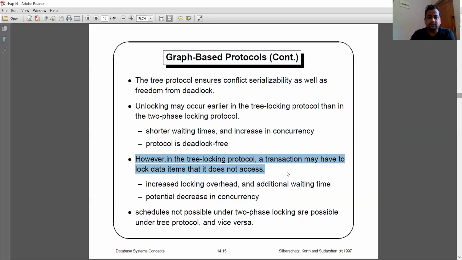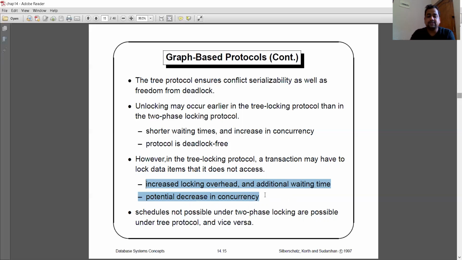Now, what is the demerit of this? If you have to put a lock on data items which do not require any access, then definitely it increases the locking overhead time and additional waiting time, and it will potentially decrease the concurrency, because we lock data items which are not required.